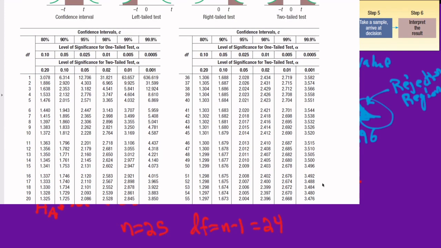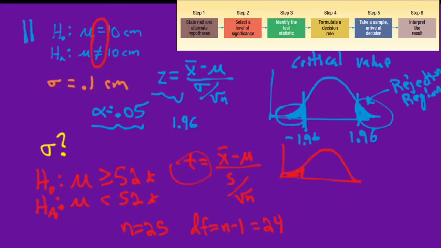And that is going to be our statistic, 1.711. So we can plug in 1.711 as our t-statistic, and in our situation here, that would be a negative 1.711. So if we find a t value smaller than negative 1.711, we would have enough evidence to reject the null.